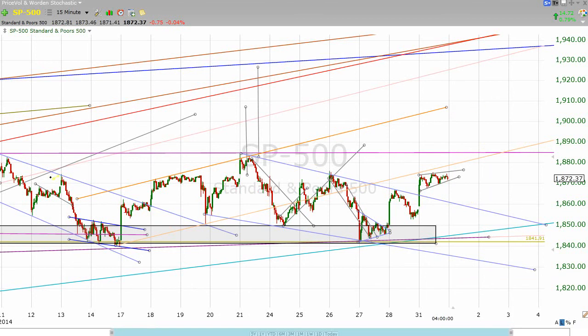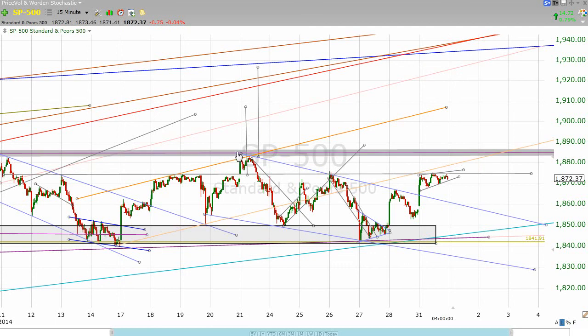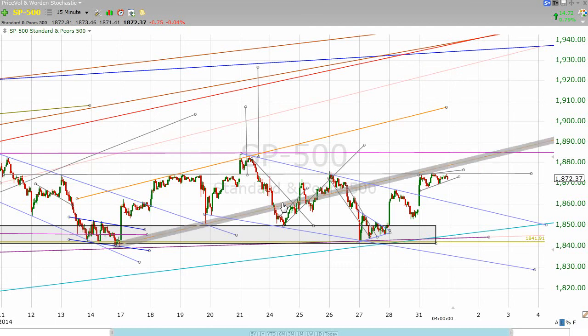But what I want to show you is, remember at one point we had a horizontal line drawn back in the middle of March with the idea that we may have been looking at an inverted head and shoulders pattern that would have formed from the 11th through the 21st. As it turned out, that pattern did not come to fruition. And it looks like we may be actually making another similar pattern.